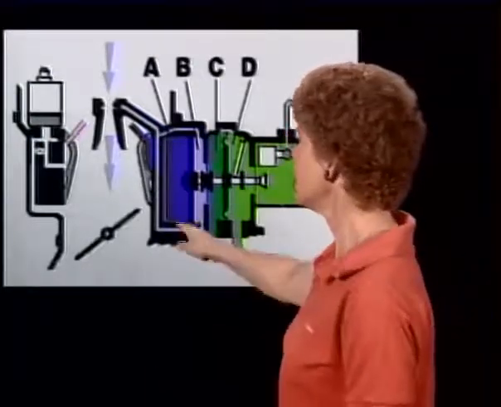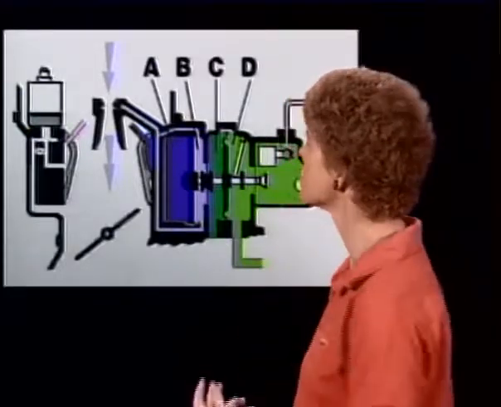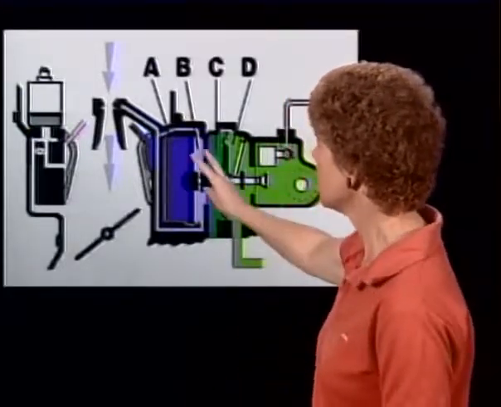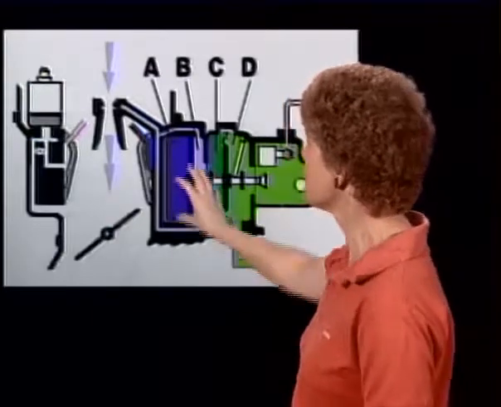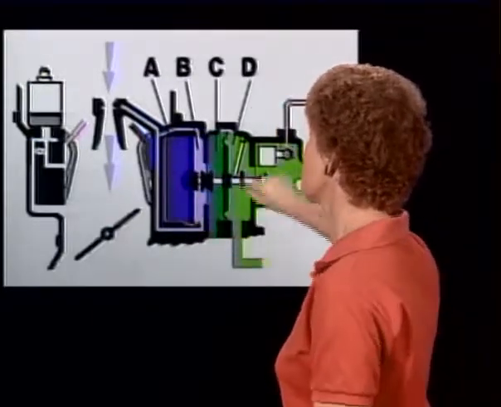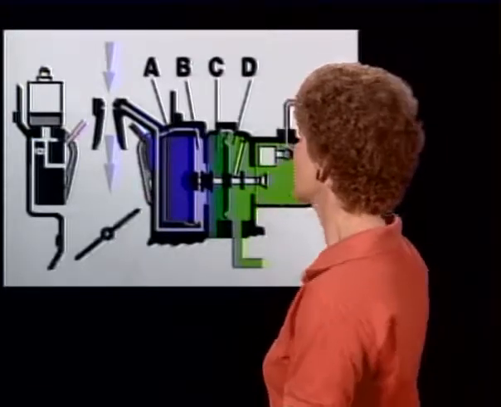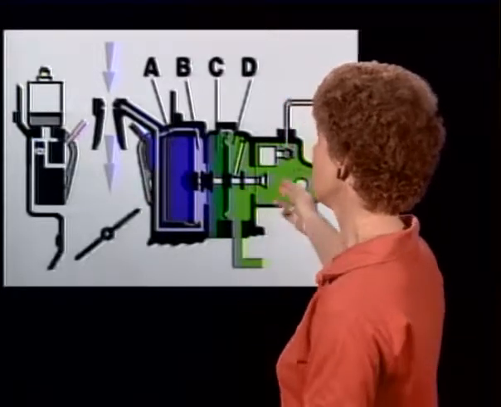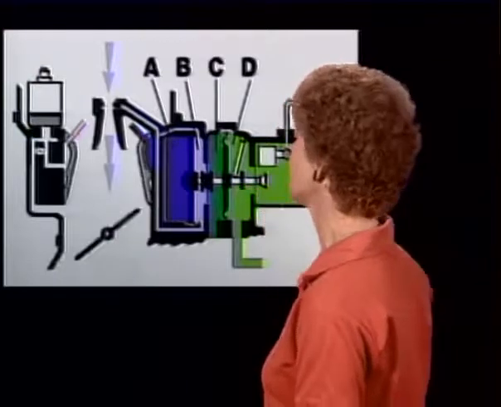And by the way, the engine is going to be lean at all power settings if this diaphragm between chambers A and B ruptures. The reason is that if it ruptures, you don't have any diaphragm pressure to push that poppet off to the right and let more fuel flow come in. The valve will tend to move to the left, reduce the fuel flow, and make the engine run leaner.